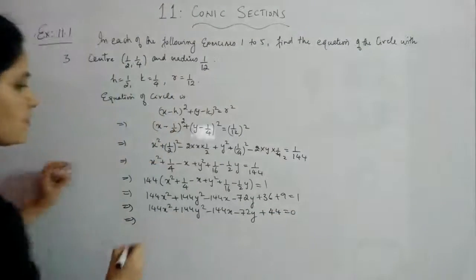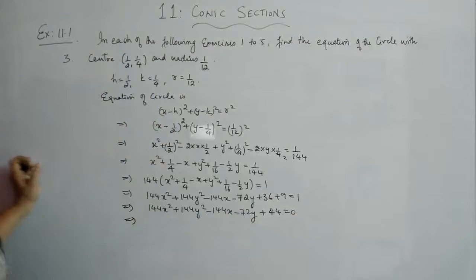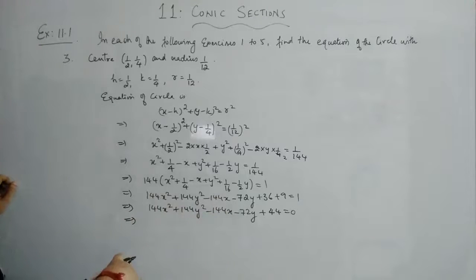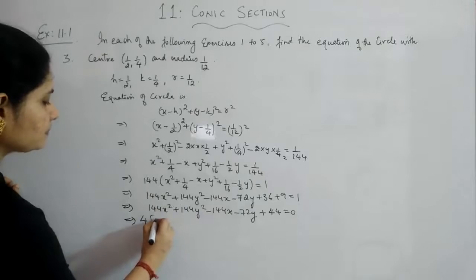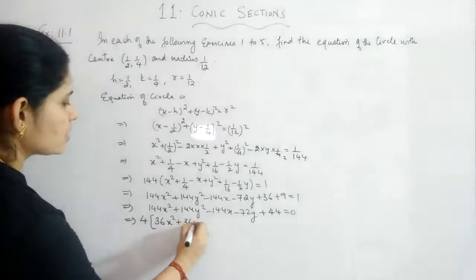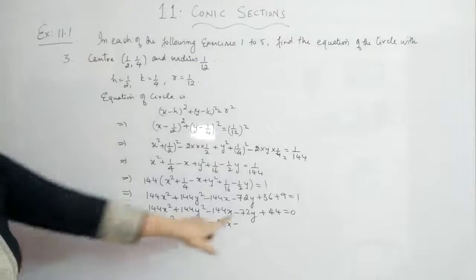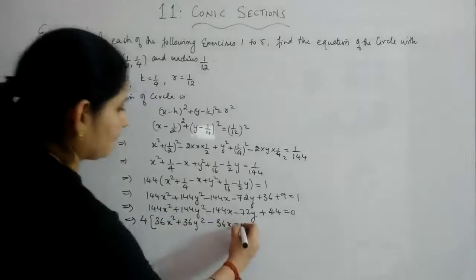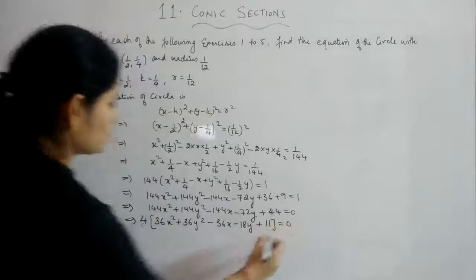Now, instead of stopping here, if you have anything in common throughout, you can take it out and cancel it. So we can see that you have 1 times 2, again you can take 2, or else you take 4 out. So this will become 36x square plus 36y square minus 36x minus, after taking 4 out, 18y, and here it is 11 equal to 0.